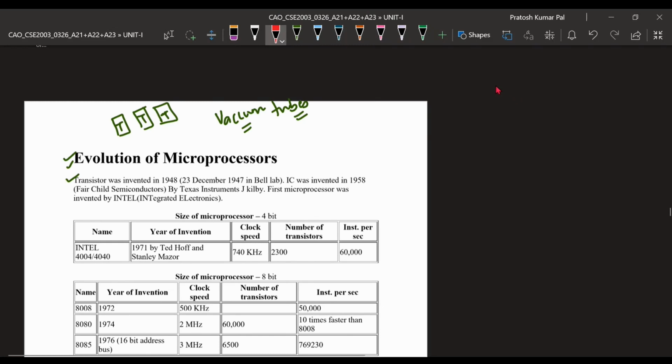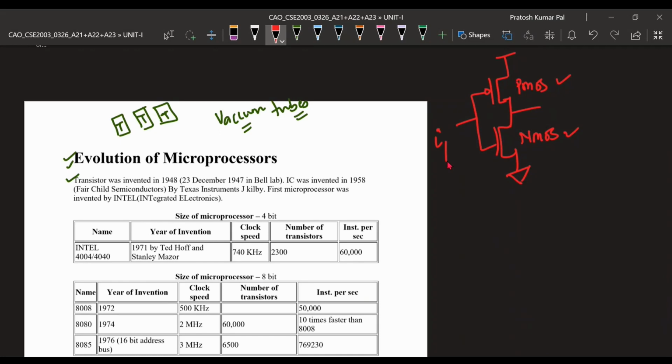In case of a NOT gate, or inverter, two transistors are used. You might know this. In an inverter, this is the symbol of a transistor. This is a PMOS and this is an NMOS. This is one transistor and this is another transistor.